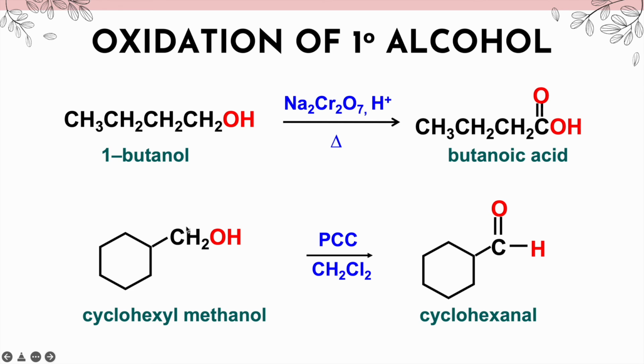So if the primary alcohol is oxidized with a mild oxidizing agent, PCC and CH2Cl2, aldehyde will be formed: C double bond O and then H. Carboxylic acid will only be formed if you use a strong one. If you use a mild one, aldehyde will be formed as the product.